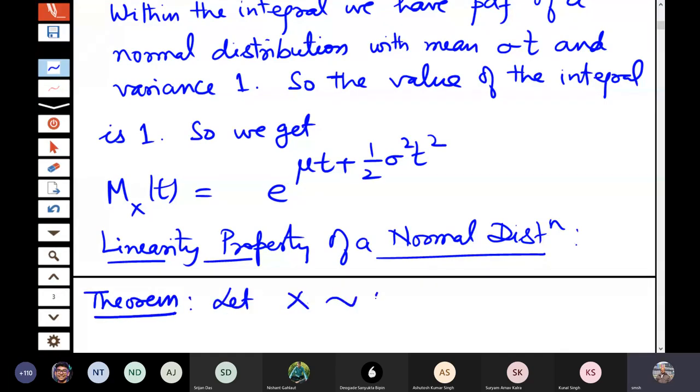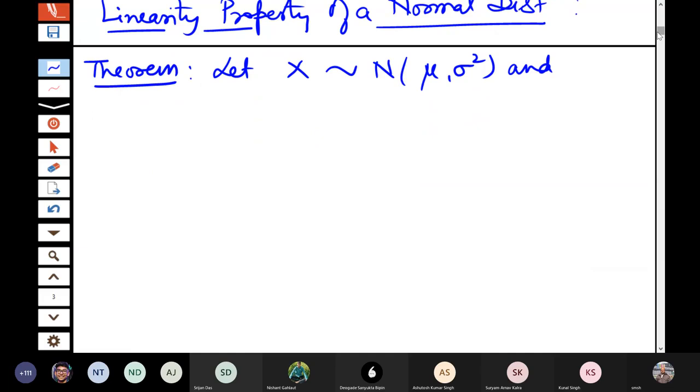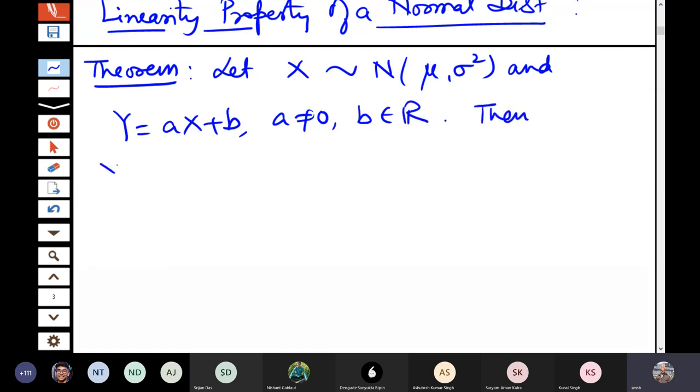Let X follow normal mu sigma square distribution and Y is equal to aX plus b, then Y also has a normal distribution with mean a mu plus b and variance a square sigma square.